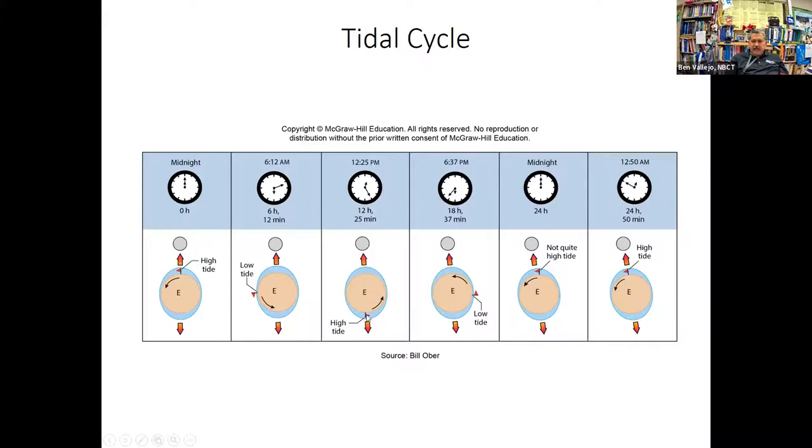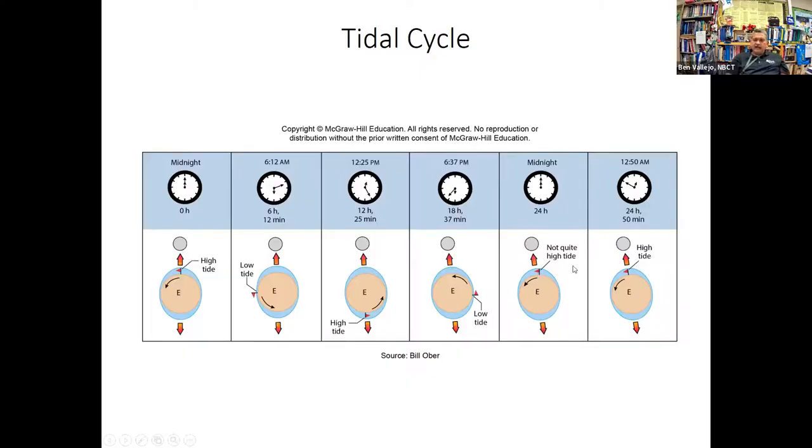And then at noontime, it's going to pass through the high tide because here's the Earth rotating if you're looking at it from above. And so here's the flag over here in the high tide, and about 6 o'clock in the evening, your location is going to go through the low tide, and then back over here, you're going to have the high tide again.